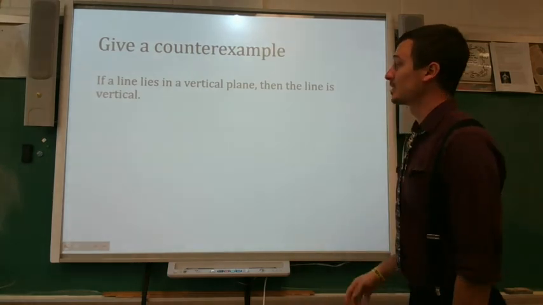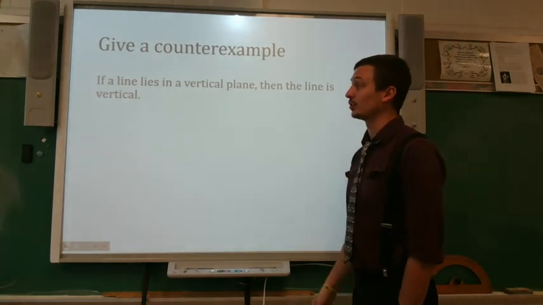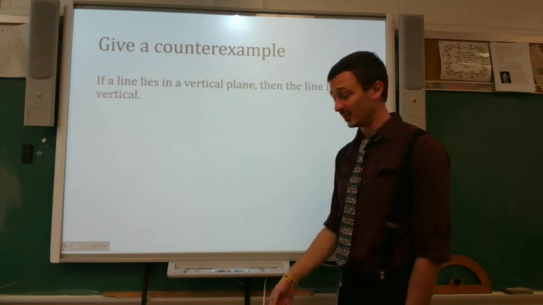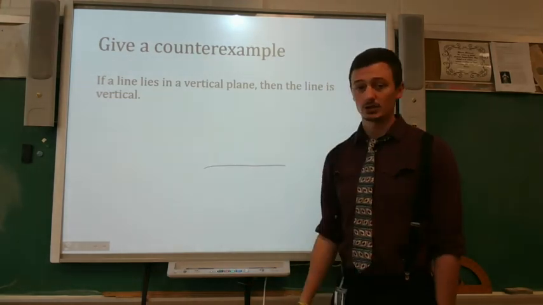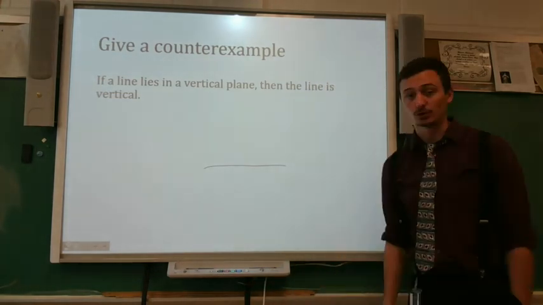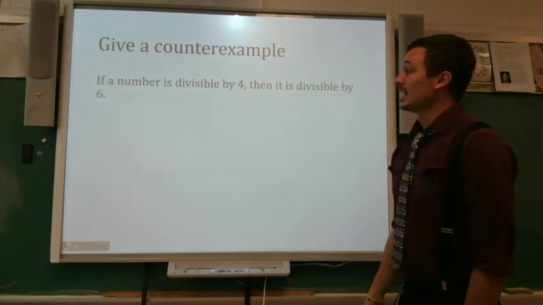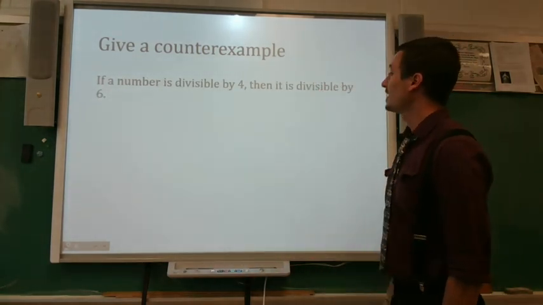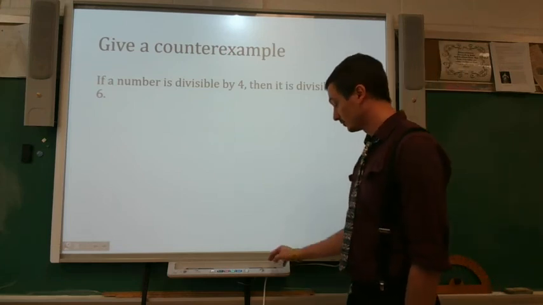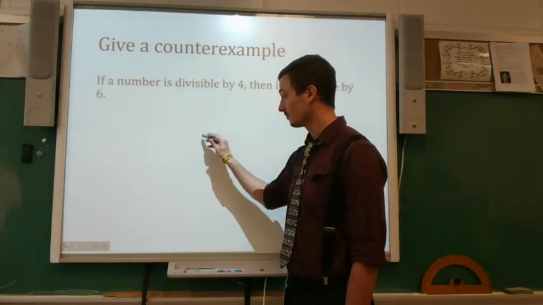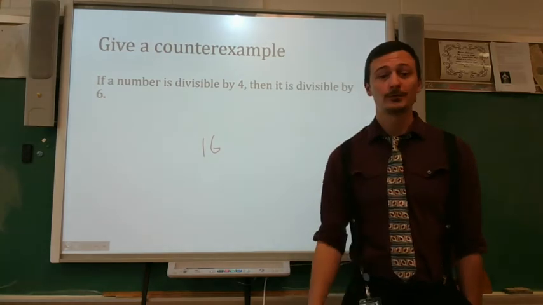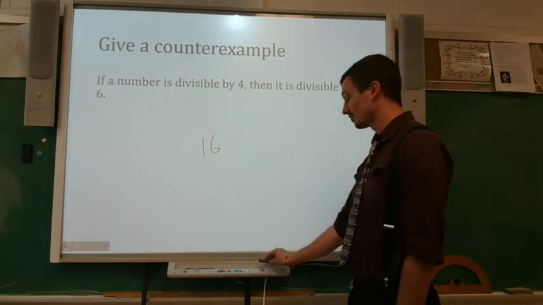If a line lies in a vertical plane, then the line is vertical. Well, this board is a vertical plane. Hey, look, there's a line in a vertical plane that is not vertical. Counterexample. If a number is divisible by 4, then it is divisible by 6. 16. 16 is divisible by 4, but it's not divisible by 6. Counterexample.